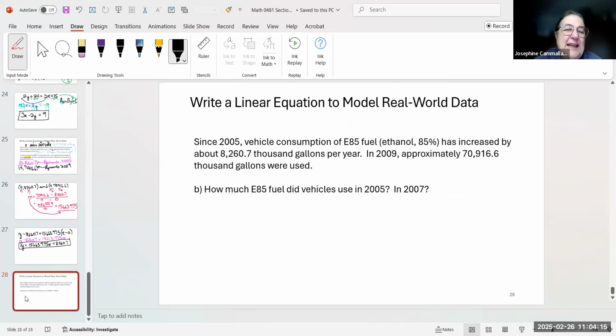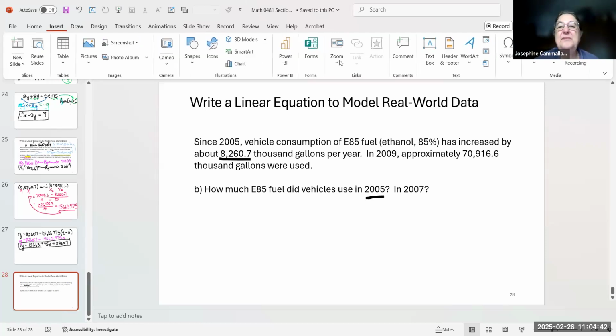They want me to find out how much fuel in 2005. Well, how much fuel in 2005? I should already know. Let me put it here.